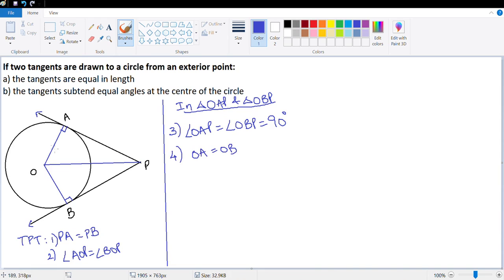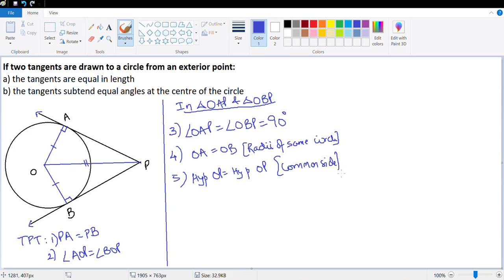So these two lines are equal, again because they are radii of the same circle. And then the last one is hypotenuse OP is equal to hypotenuse OP. The reason would be it's the common side.